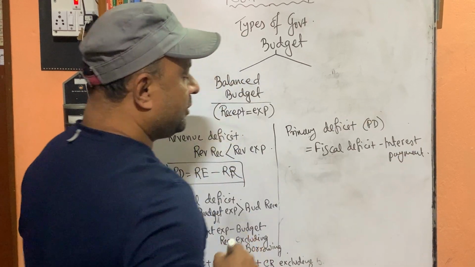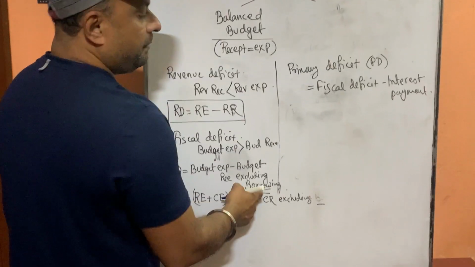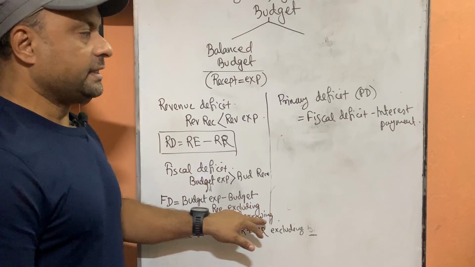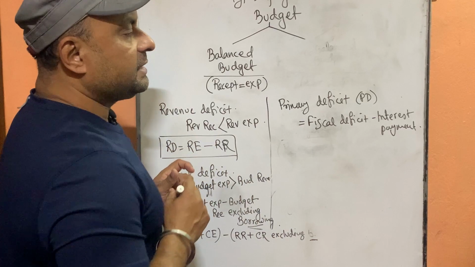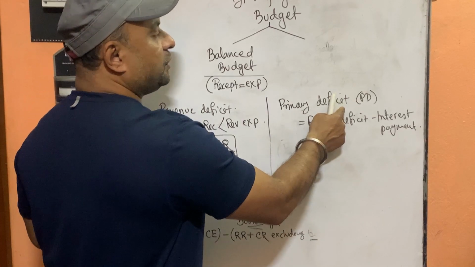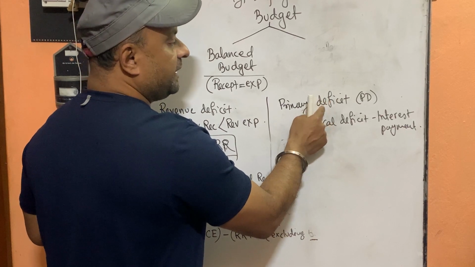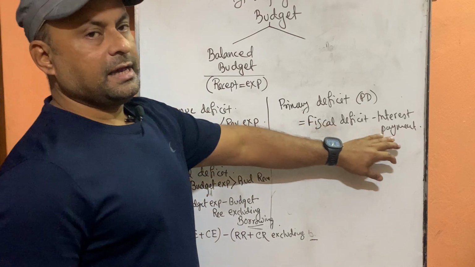Interest payment of what? Of the borrowing. When government borrows money, government has to return the money along with interest. So if from the fiscal deficit we subtract the interest payment, then we get the actual deficit of the government, that is primary deficit. So primary deficit is the difference between fiscal deficit and interest payment on the earlier loan.